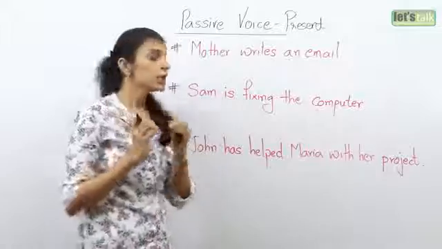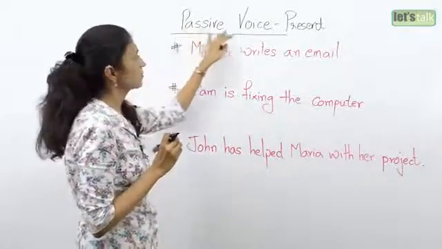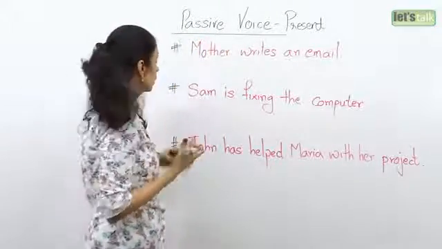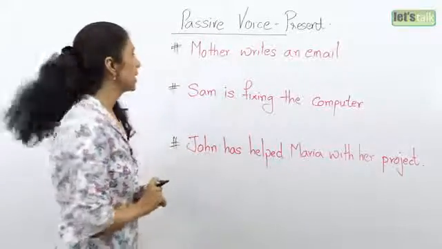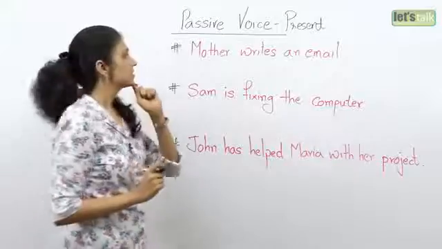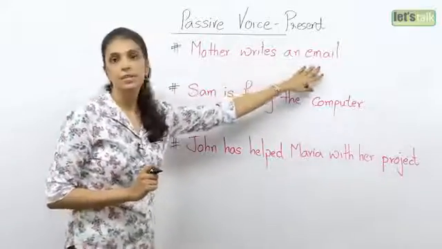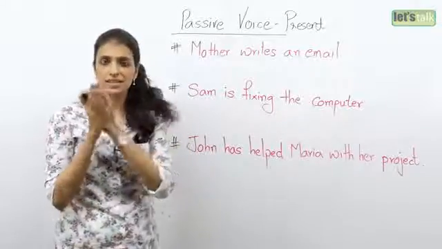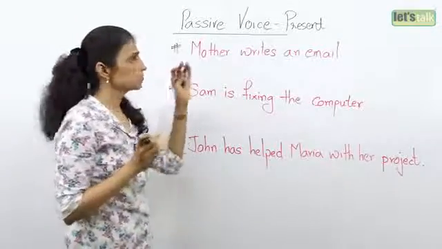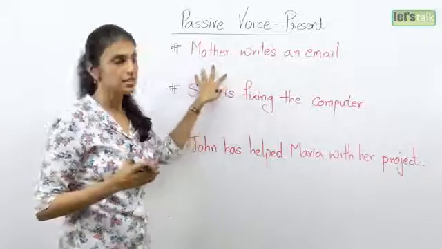So now we're going to see how we use the passive voice, or how do we make passive voice sentences in the present tense, okay? Now in my first sentence, mother writes an email, okay? So since we're just beginning, let's understand what the subject and the object is in the sentence.